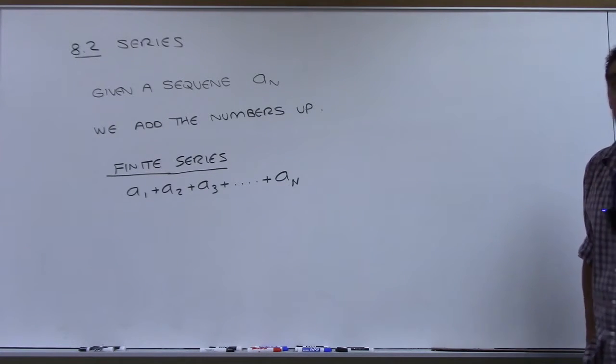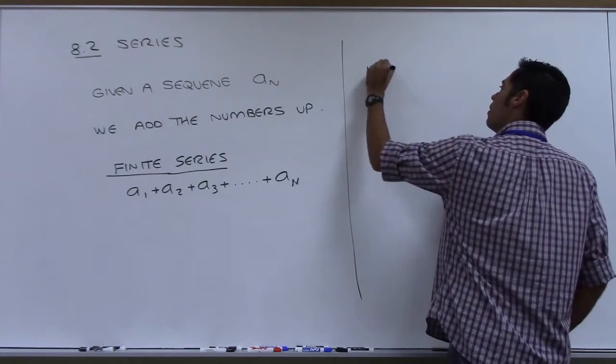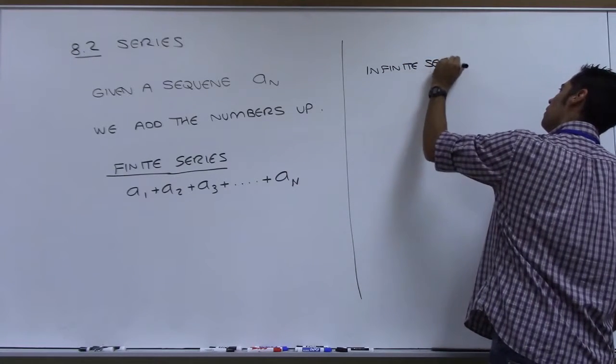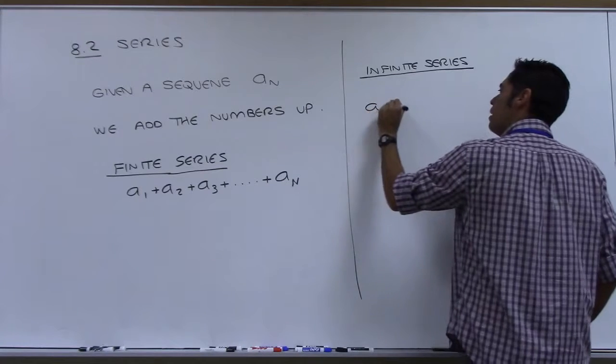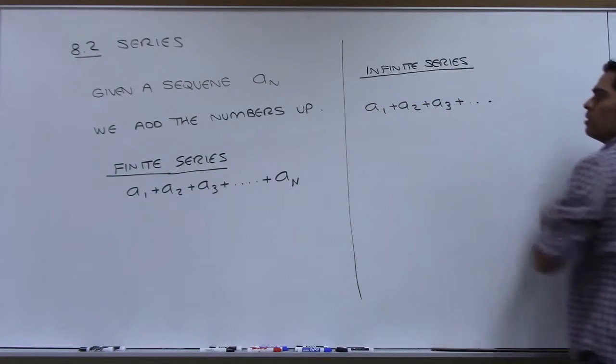In the case that our sequence is infinite, we get what's called an infinite series. And that would look like a1 plus a2 plus a3, and that would continue forever.